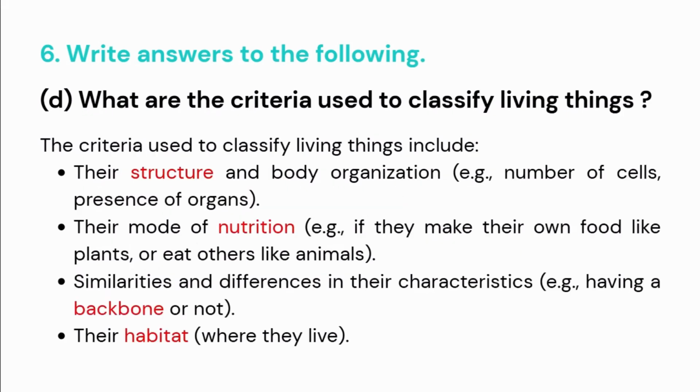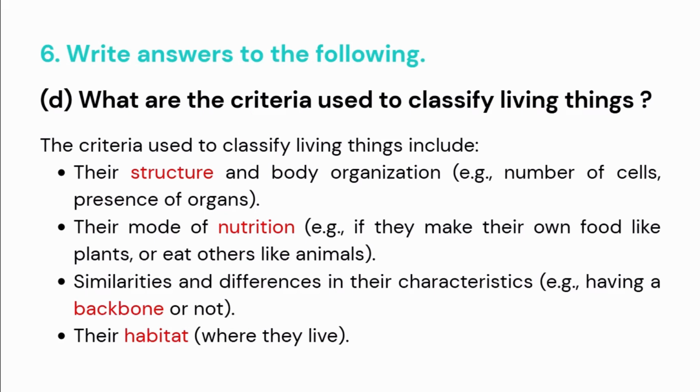Next question. What are the criteria used to classify living things? The criteria include their structure and body organization, for example, number of cells or presence of organs. Their mode of nutrition, for example, whether they make their own food like plants or eat others like animals.